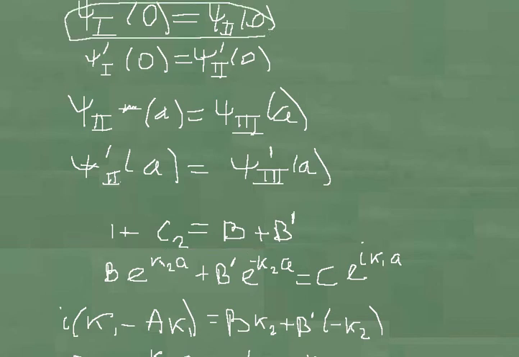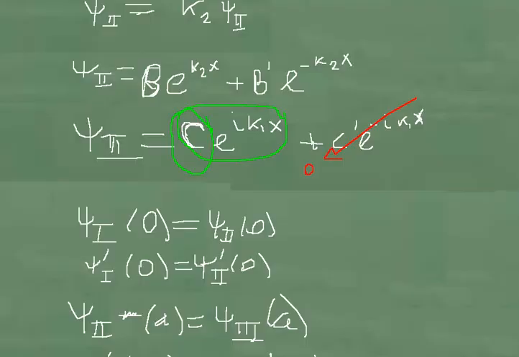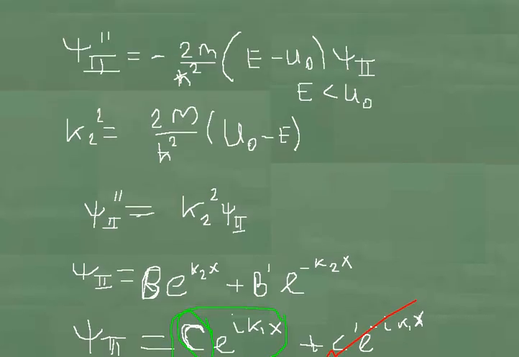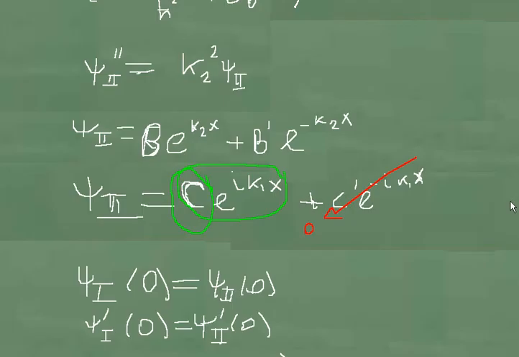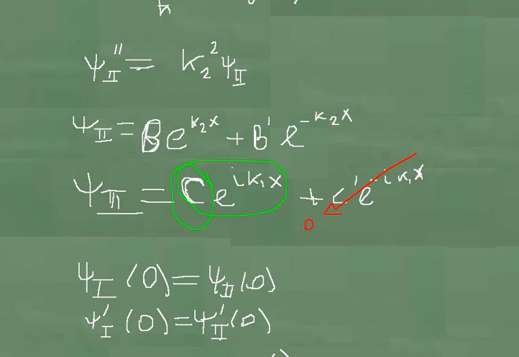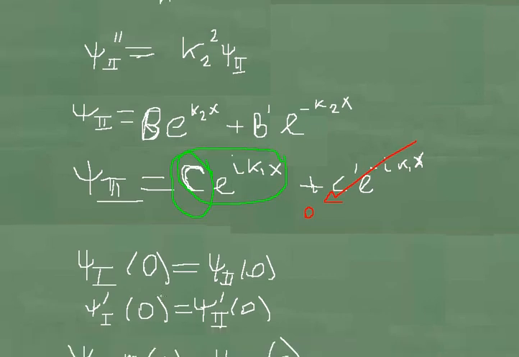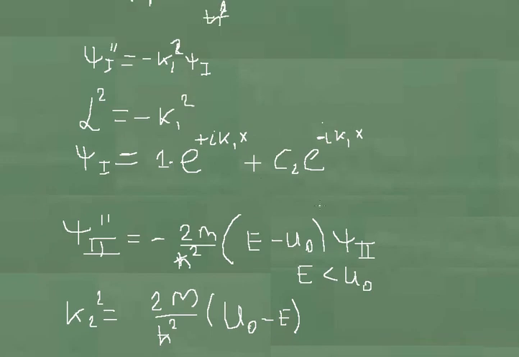For realizing this equation, for example, C from 0 is B plus B'. These exponents from 0 are equal to 1, and this C1 is 1 plus C2.